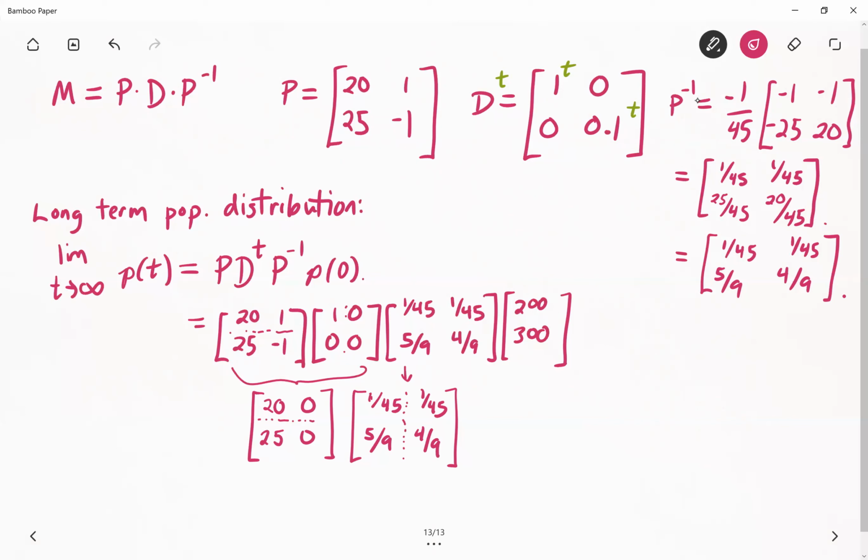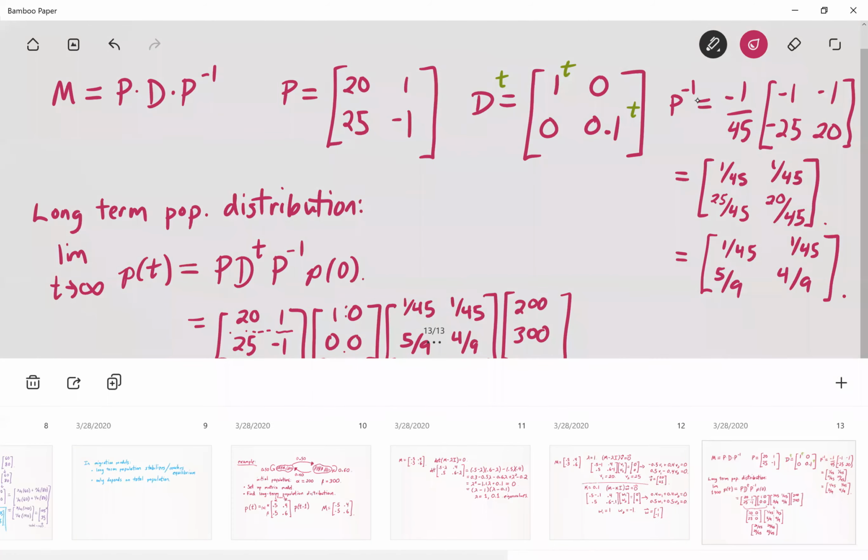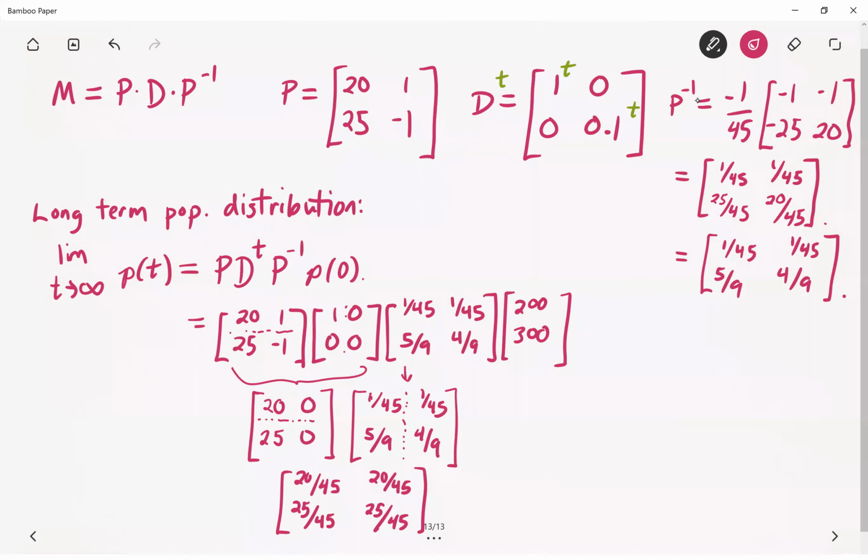Let's see. First, we'll get 20 over 45. It's going to reduce nicely. And 20 over 45. See, along the bottom row, we're going to get 25 over 45, 25 over 45. And again, the columns sum to 1, as we would expect.